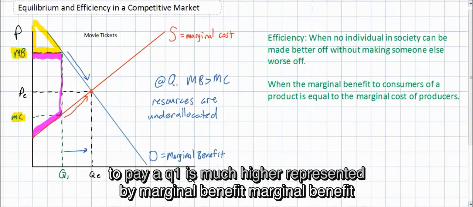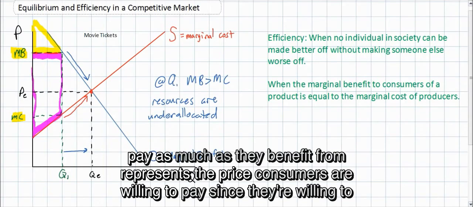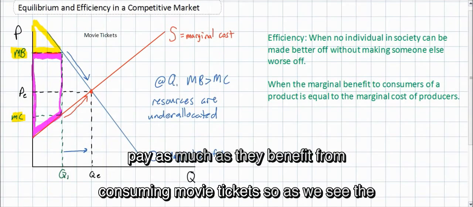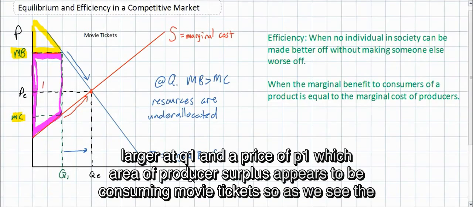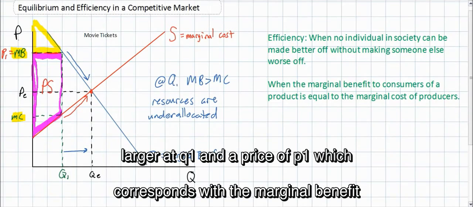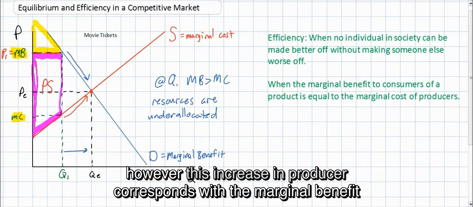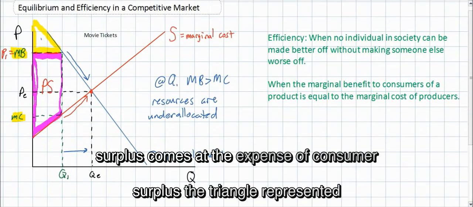represented by marginal benefit. Marginal benefit represents the price consumers are willing to pay, since they're willing to pay as much as they benefit from consuming movie tickets. So as we see, the area of producer surplus appears to be larger at Q1 and a price of P1, which corresponds with the marginal benefit. However, this increase in producer surplus comes at the expense of consumer surplus.